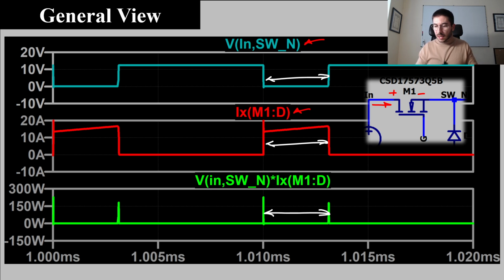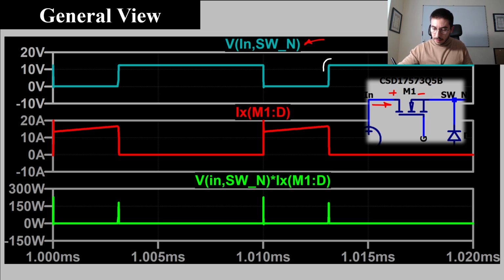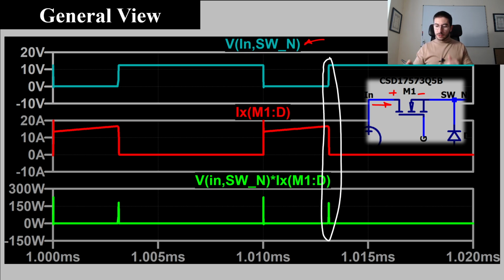We have some current driving through the on resistance of the device, and although here it seems that the instantaneous power is zero, it's not zero, as we will see in a couple of minutes. And then we have the turn off process. We turn off the device here, the voltage across the switch rises, the current through the switch falls, and we have a peak in the instantaneous power.